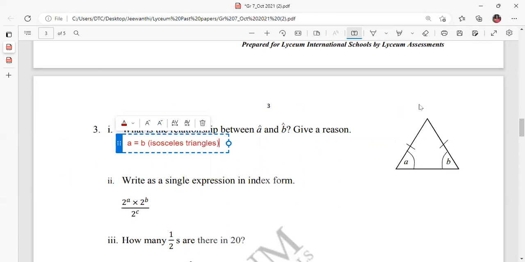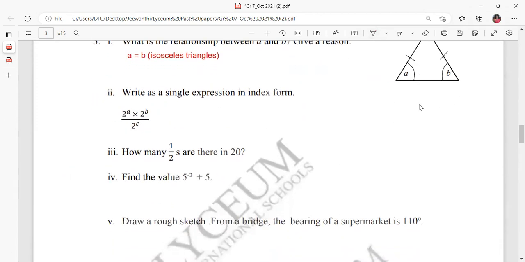Then here you want to write this as a single expression in index form. You can see here, children. So multiplication we can find and the division we can find. So with the same base value, what you should do, at once you can do this, right? And there are two steps. With these two steps you can do it at once.